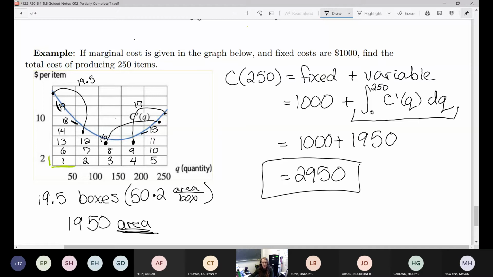So when you don't have an equation, you need to use the area technique. And since we had the grid structure in the back, that is what led me to the box counting instead of, say, a Riemann sum. So that's the difference: do you have an equation for the thing you want to integrate or not? Any more questions about that one?